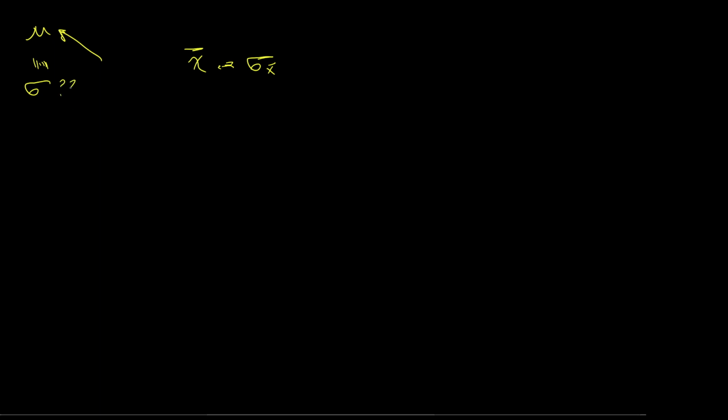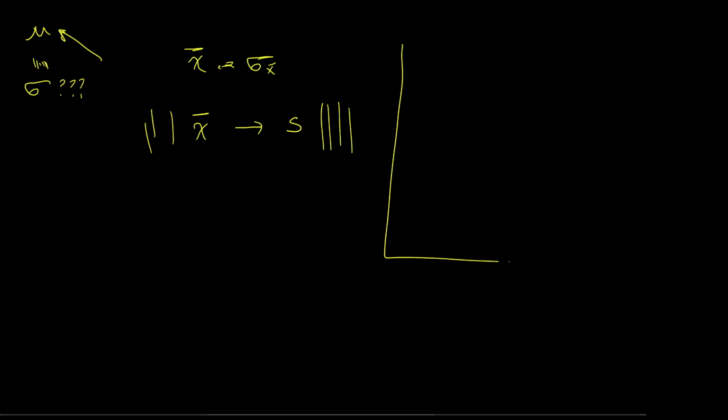But this isn't always known. And so if this isn't known, for our way of doing estimates for the mean, we'll still use the sample mean. But what we're going to want to do now is use the sample standard deviation. And what that'll do is give us not a normal distribution, but a t-distribution.